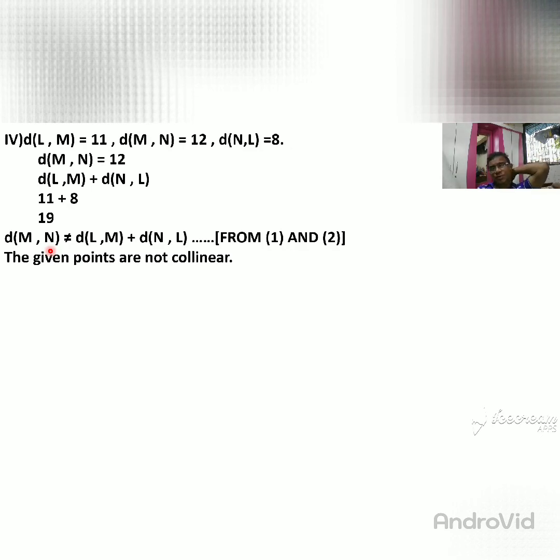You are getting the bigger number 12. But distance LM is 11, plus distance NL is equal to what? 8. So 11 plus 8 is equal to 19. So they are not collinear points and there is no betweenness.